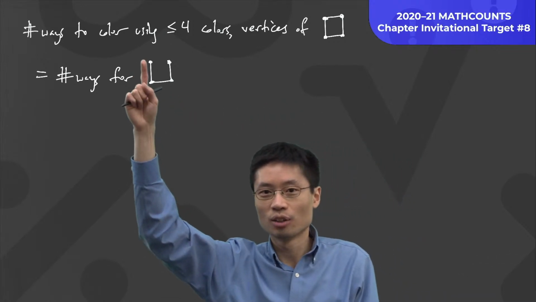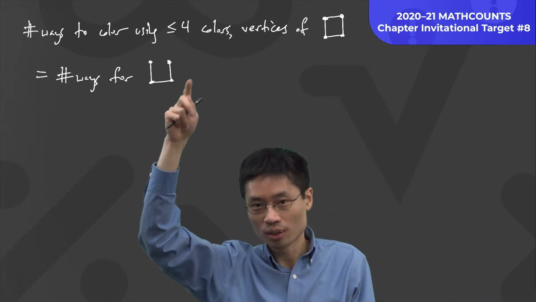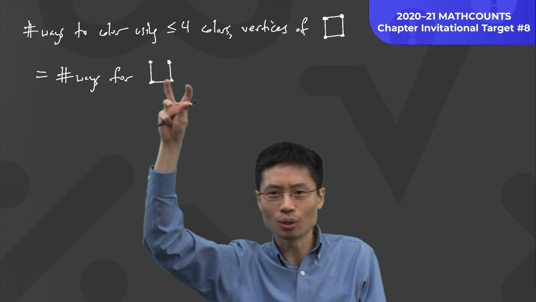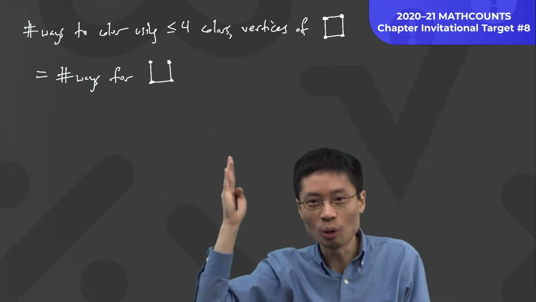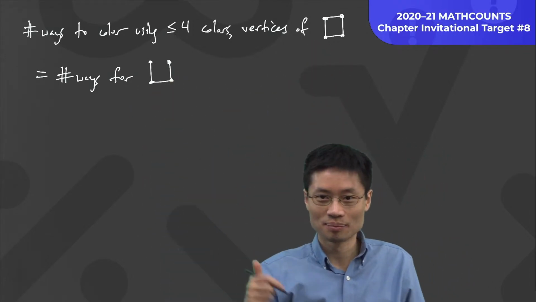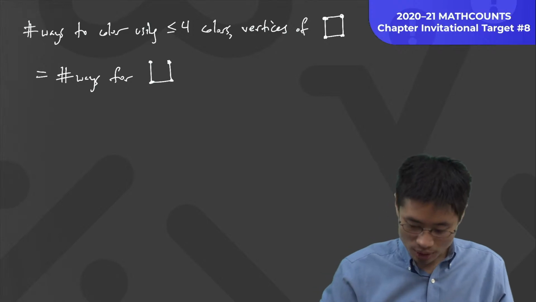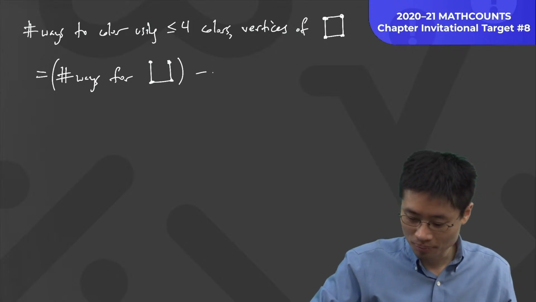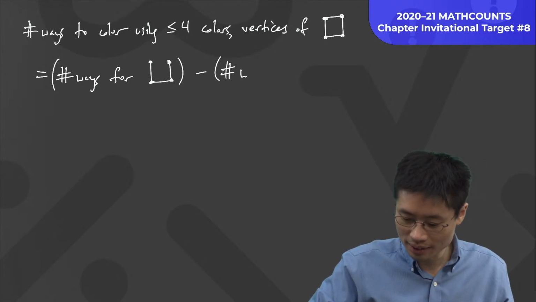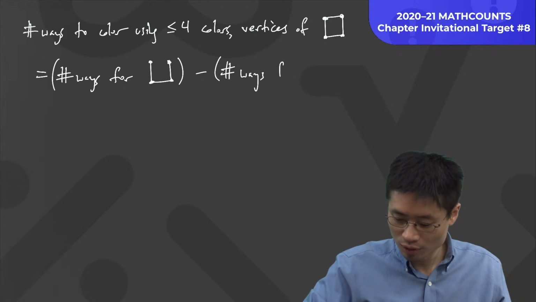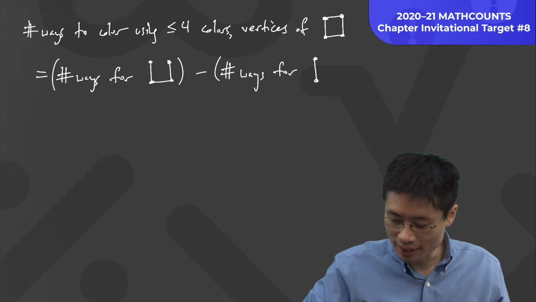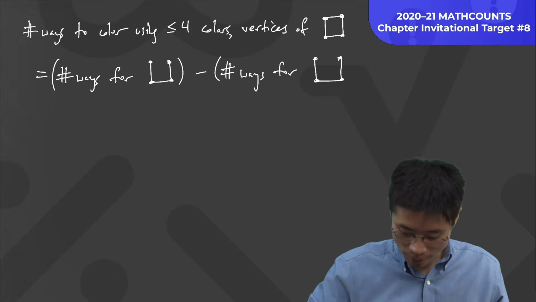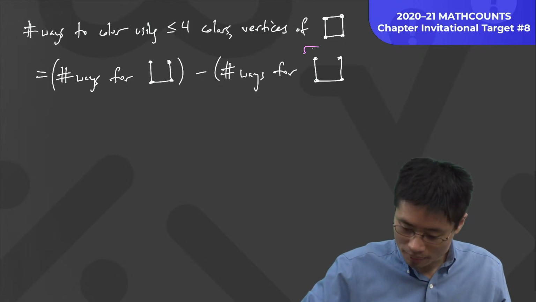I'm looking at the number of ways I could color the 4 corners of this thing and just using those colors over there blindly, just hoping that the 2 top things aren't the same. No, that's wrong. So what you do is you have to fix it, subtract the number of ways for this where the top are the same.